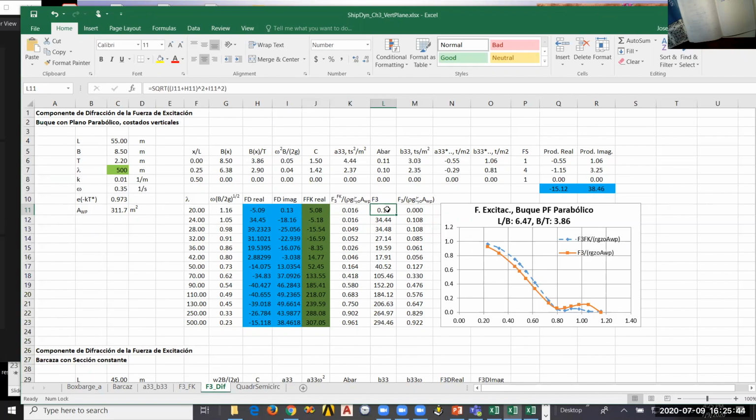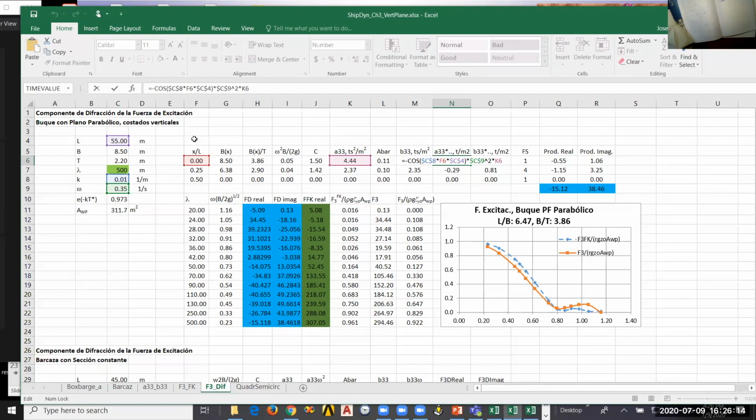It's taking J11 times 11, yeah. I guess I'm taking it because here, yeah, here you have the cosine of Kx.